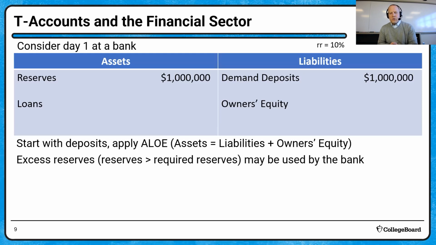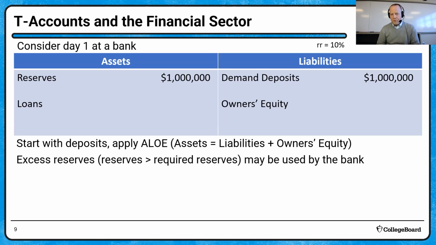Those bank reserves can be divided up between required and excess reserves. So in this example, given a reserve requirement of 10%, we can conclude that this bank has 90% of demand deposits available to lend. The reserve requirement means they have to keep 10% of demand deposits in the bank as reserves.